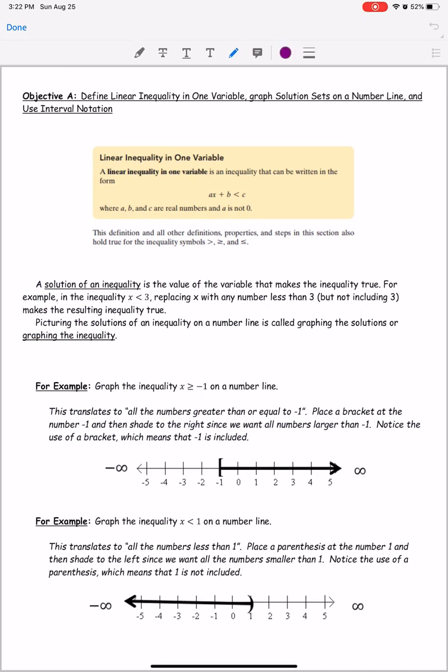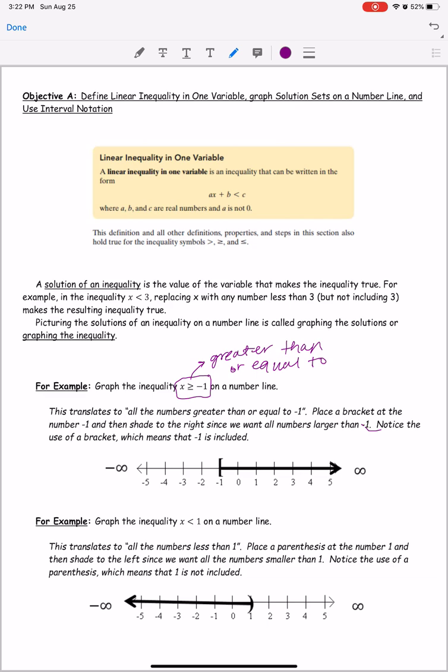So objective A, define linear inequality in one variable. These are basically an example on this page here. So I'm going to skip all the way down on this page. We have x is greater than or equal to -1.